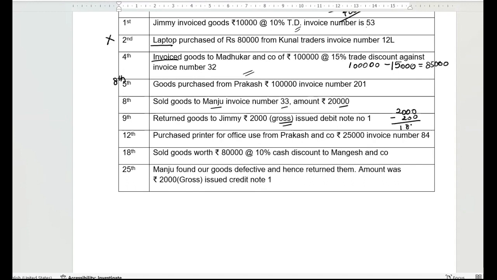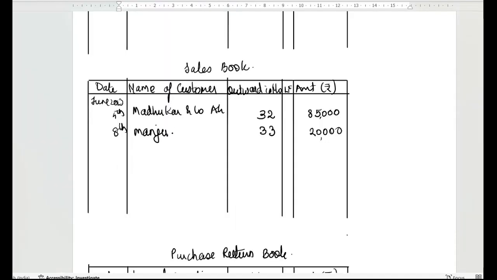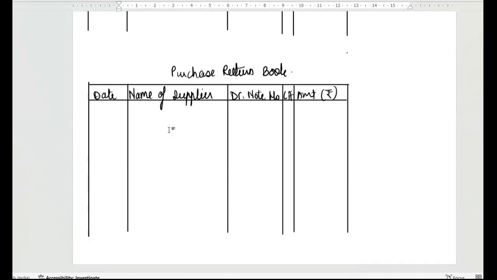So 1800 will be the amount of return of goods in the net value. So I don't record 2000 because it is gross amount. I will record the amount of 1800. So on 9th of June 2023, in the purchase return book, I'm going to write Jimmy and debit note number is 1 and amount is 1800.